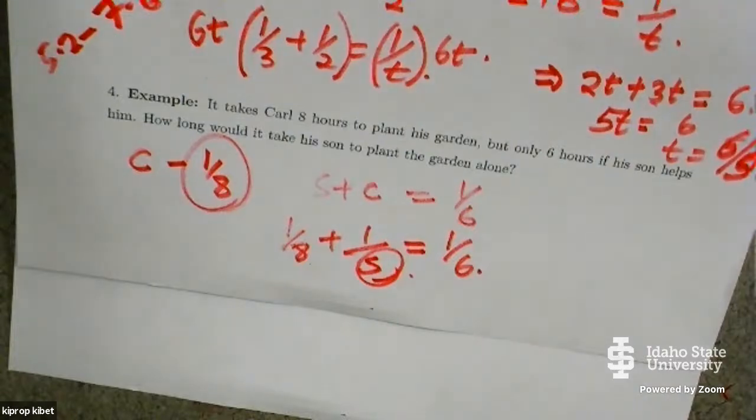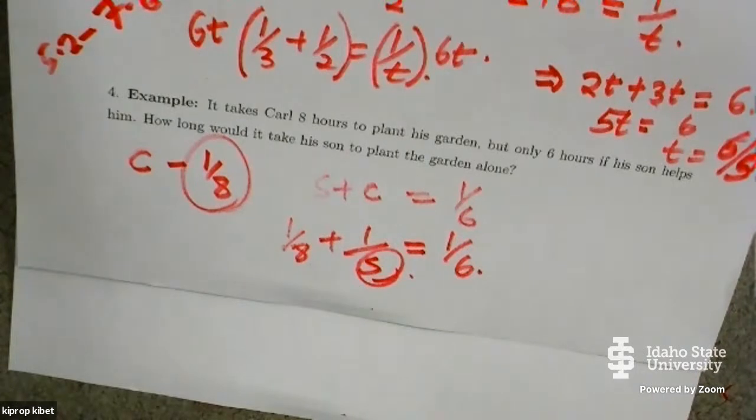Here, this is the amount of job done in 1 hour by Carl, and the son will take 1/s of the job in 1 hour.